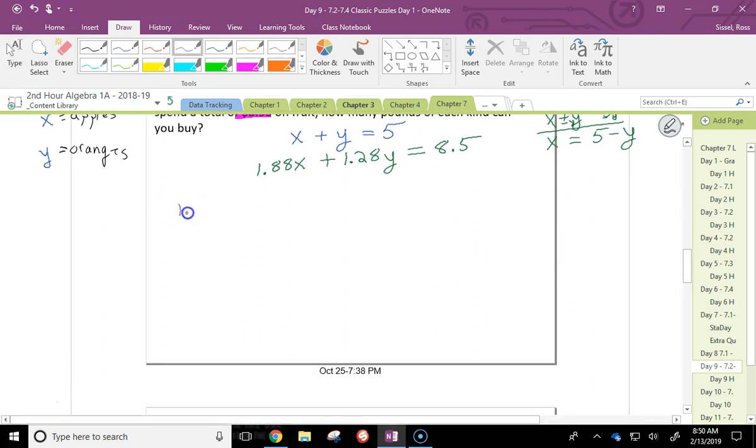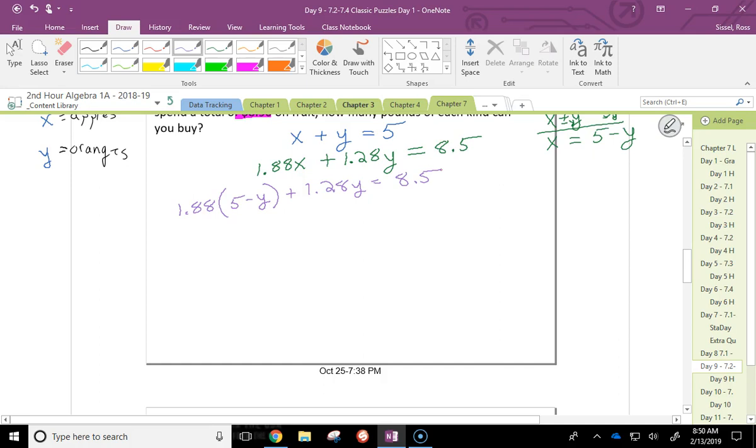So 1.88 times 5 minus y plus 1.28y equals 8.5, or 8.50. I'm just leaving the 0 off.